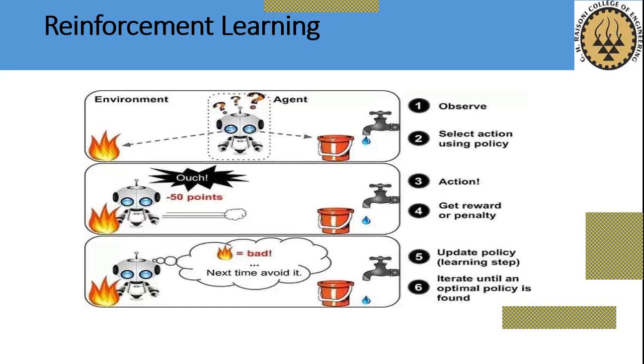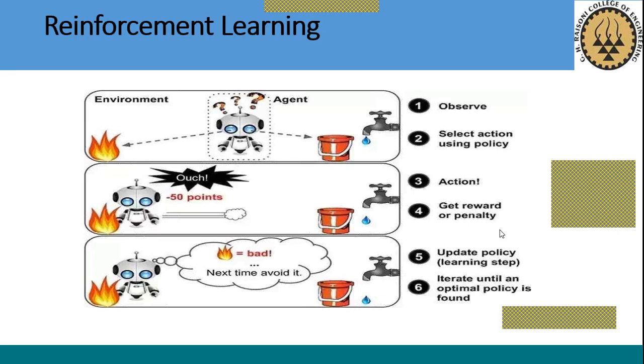So on the basis of his previous experience or knowledge, an agent takes a decision. So reinforcement learning is nothing but a decision-making system, which learns by itself from the reward and the punishment.